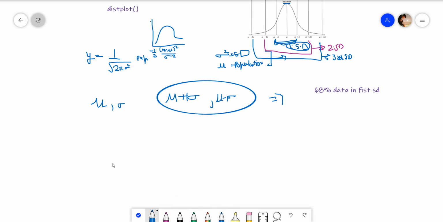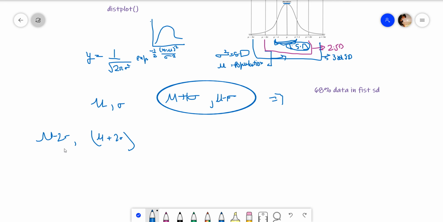But if I find the second standard deviation and find the range according to that, we are multiplying by 2 because we are trying to get our second standard deviation. We have to find how much percentage of our data is present in it. For that we find nu minus 2 sigma and nu plus 2 sigma.